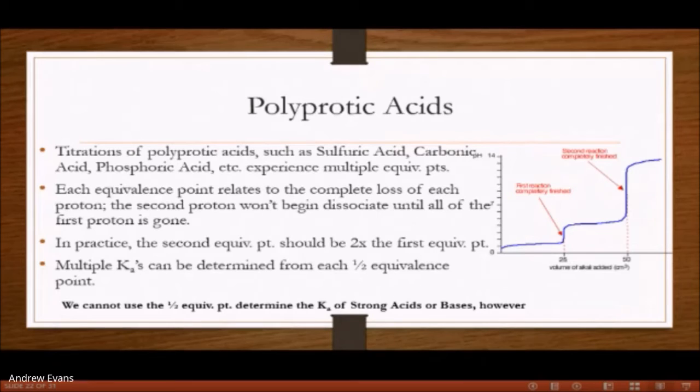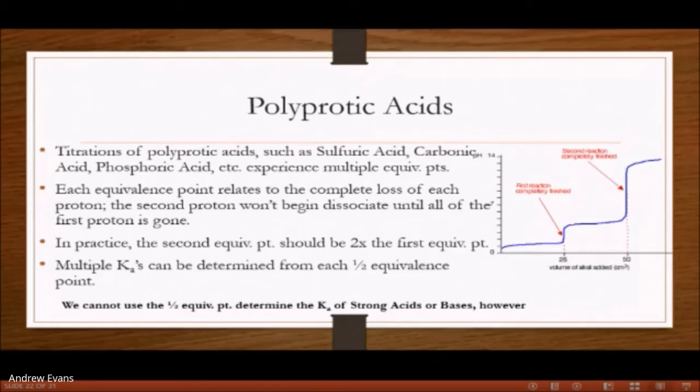But these guys have multiple protons that can be lost. Unlike a dihydroxo base, these guys lose their protons one proton at a time. Meaning, all the atoms will lose proton number 1 before any of the atoms will start to lose proton number 2.